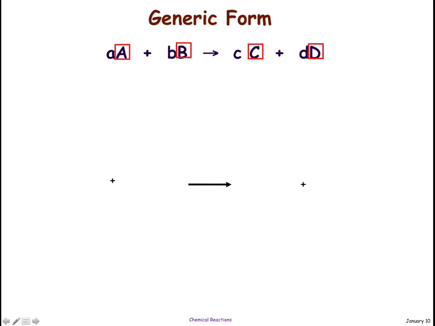So whenever you write a reaction, the generic form looks like this. There are coefficients in front of the chemicals. The coefficients tell you how many, but the chemical formula identifies what substances are involved.